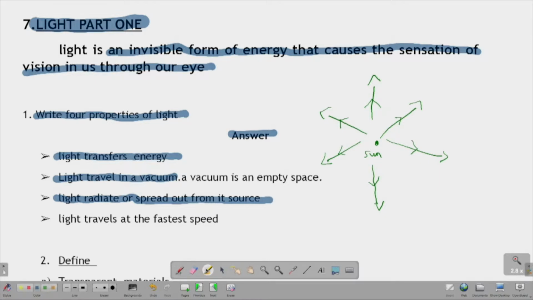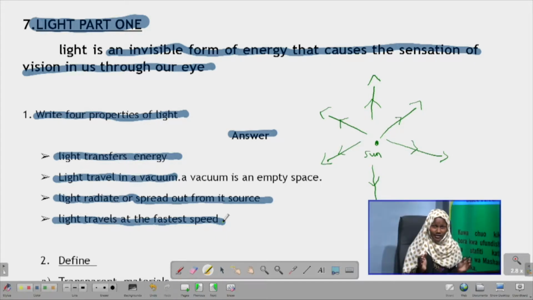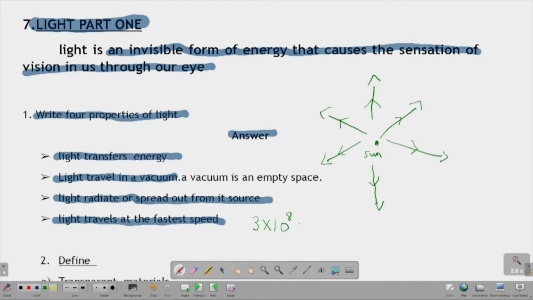Then we have the fourth property: light travels at the fastest speed. There are racing cars which travel at very high speed, and we say, wow, that's huge. But light has the fastest speed ever observed. Light travels at 3 times 10 exponent 8 meters per second.